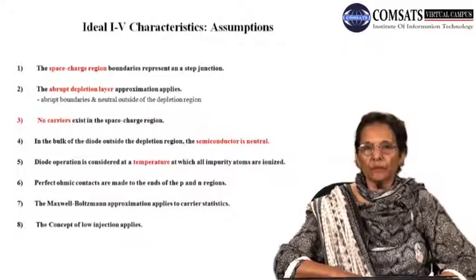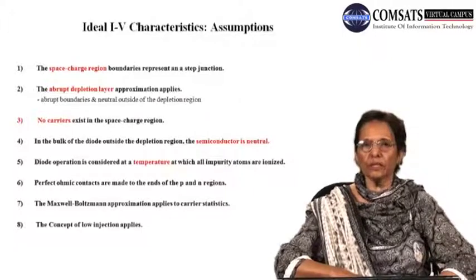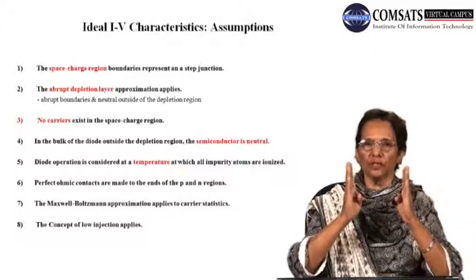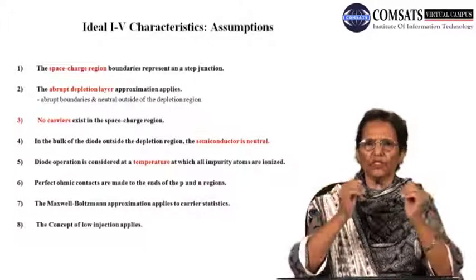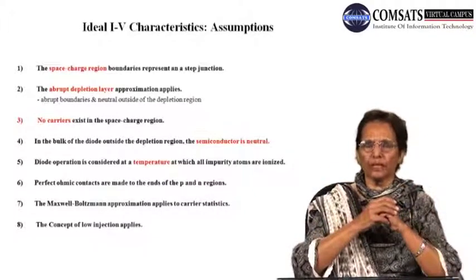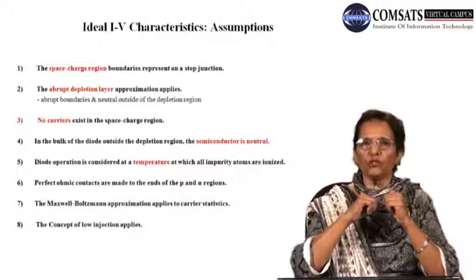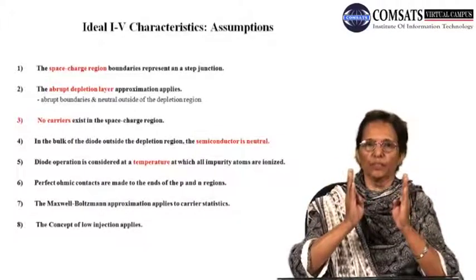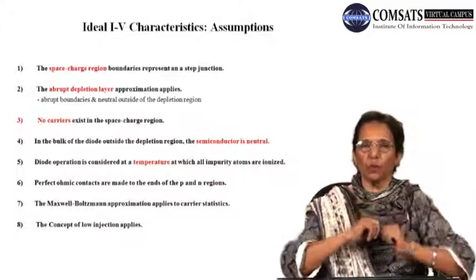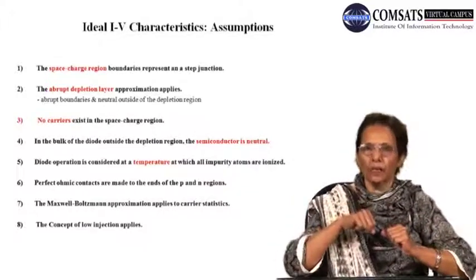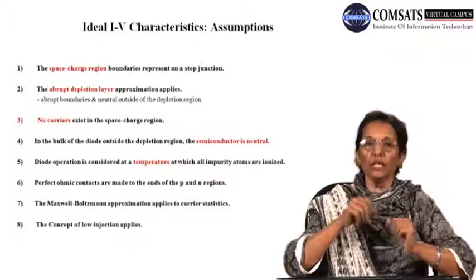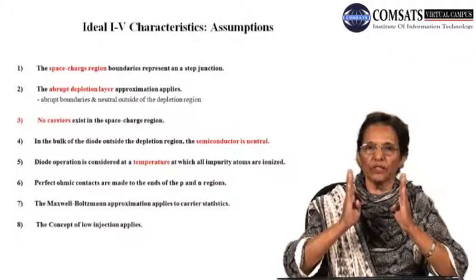And number 3 condition assumes that within the depletion region, because there is an electric field present, if by any chance some minority carriers do happen to diffuse into this depletion region, they will be swept away to the p side or n side respectively, depending upon the polarity of the electric field present in this depletion region.